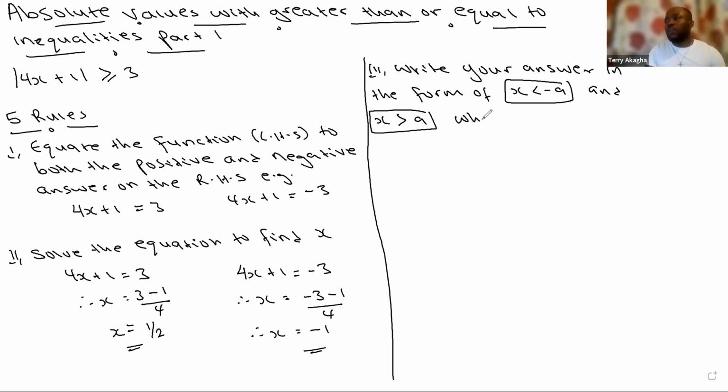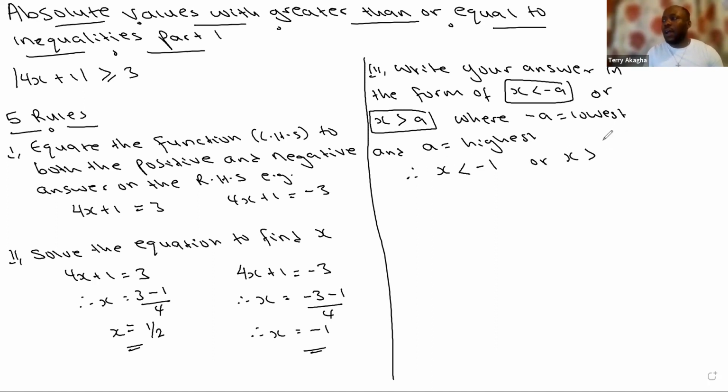We know that minus a is the lowest, and a is the highest. The best conjunction to use here is or. So in this answer, minus 1 is the lowest and half is the highest. That means we're going to write x is less than minus 1 or x is greater than half. Is that making sense? So that will be the answer for that.